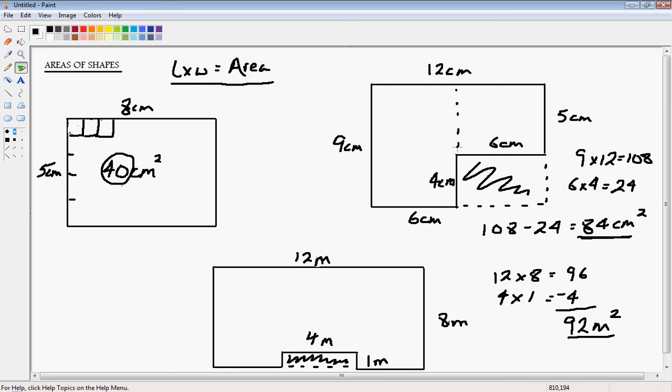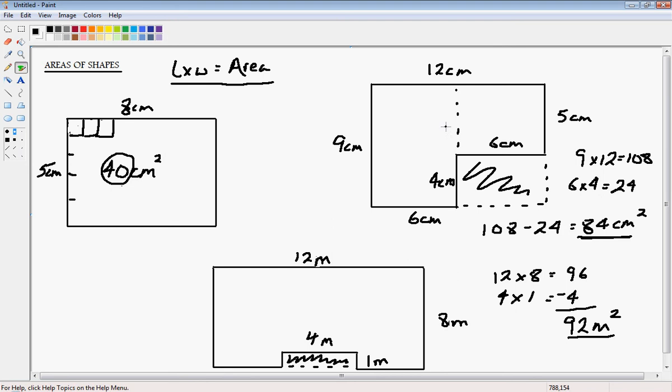Okay? Then you can, if you want to, divide the shape into 2 rectangles. So here we would have a rectangle 6 times 9, and here we would have a rectangle 6 times 5, and we would add the 2 together and we would still come up with 84.